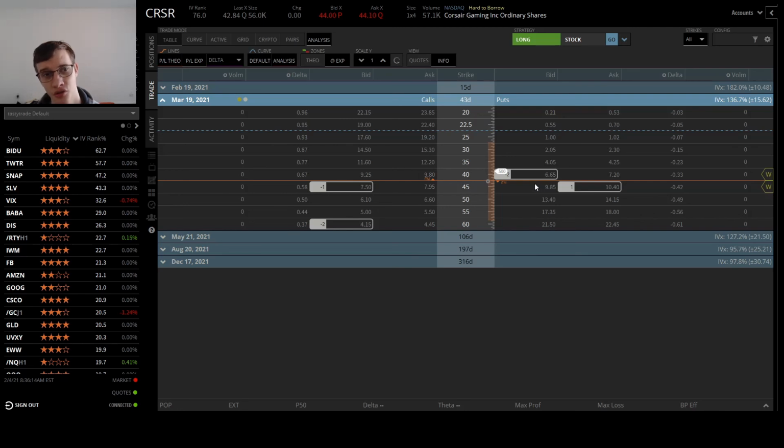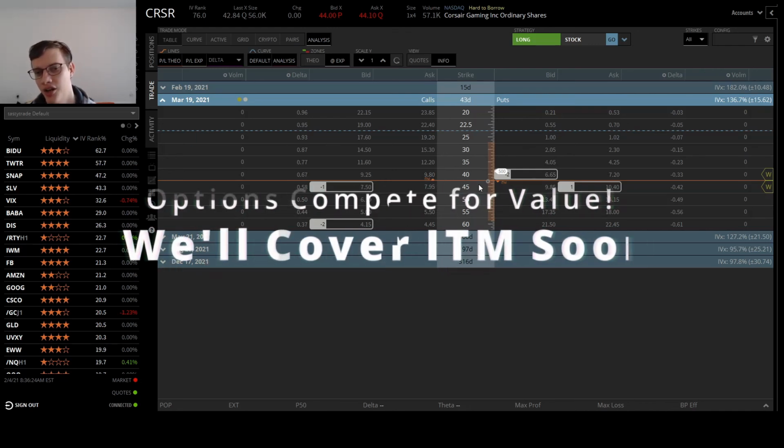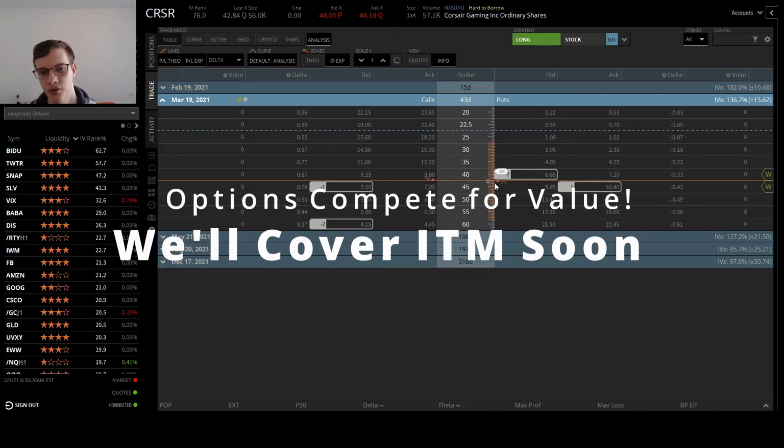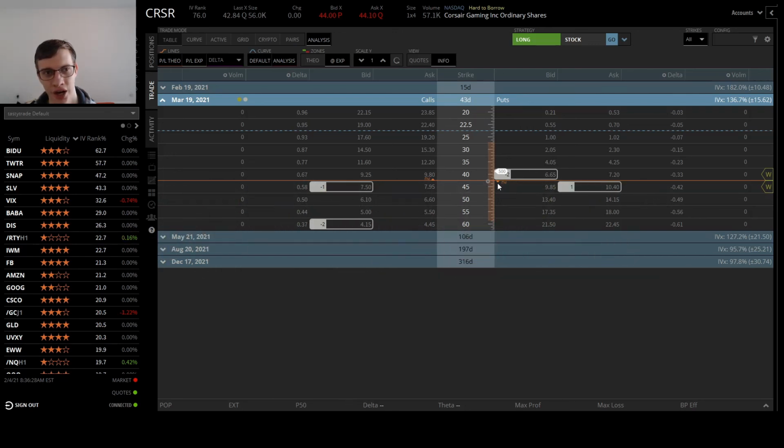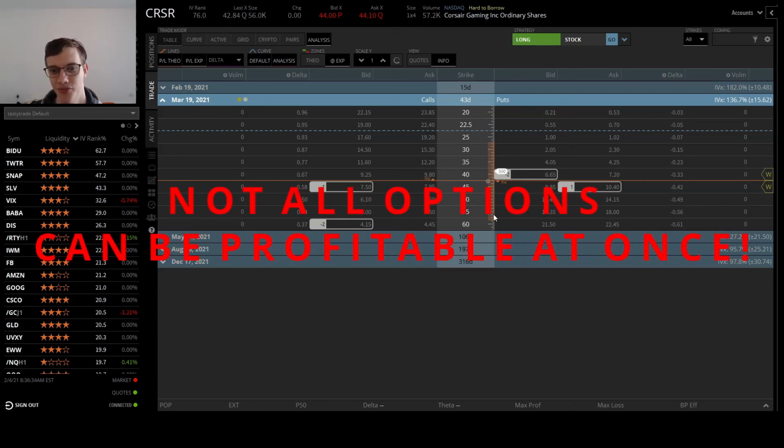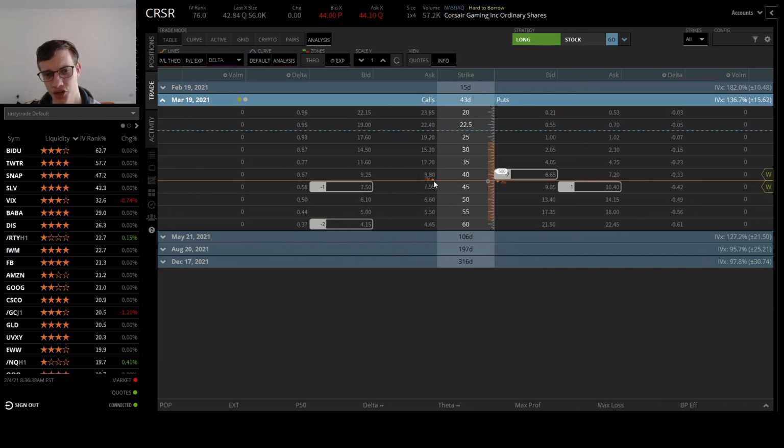In other words, if Corsair is at $40, any rights to buy Corsair below 45 are going to be profitable or in the money, and any rights to buy Corsair at anything higher than 45 are going to be out of the money or not profitable. And you can already kind of see there that just by the nature of some options being worth something, other options are not worth something.